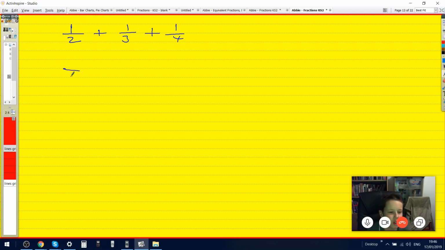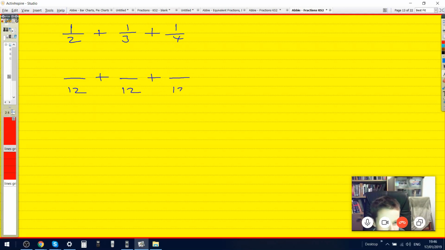So the denominator will be 12. And then the numerator. For 1/2, you times 2 6 times to get to 12, and so 1 times 6 is 6.